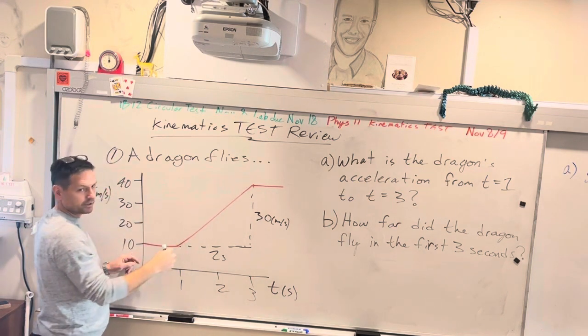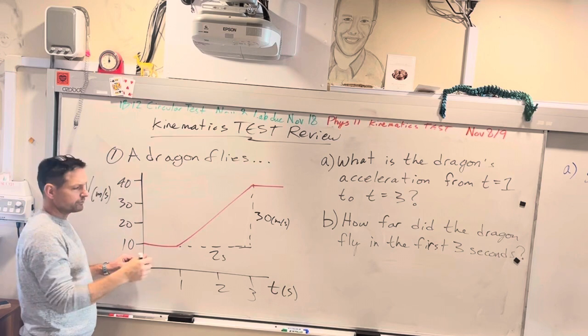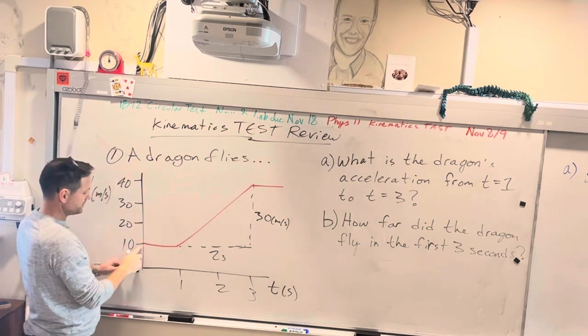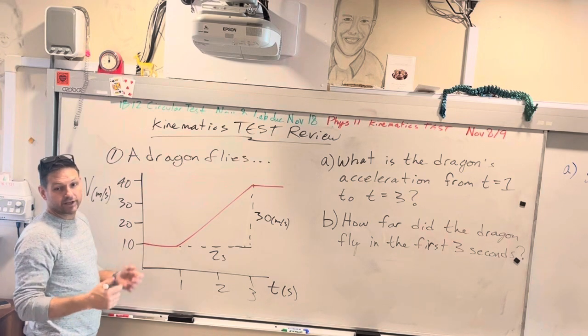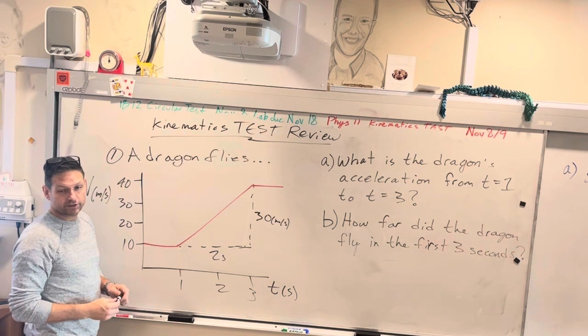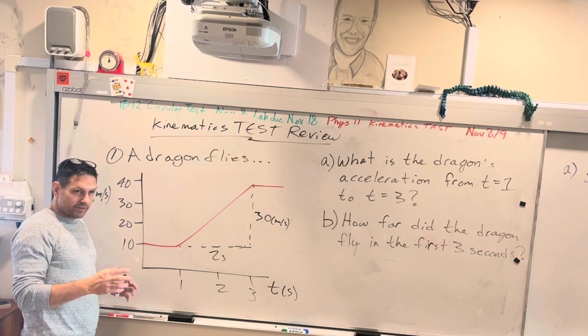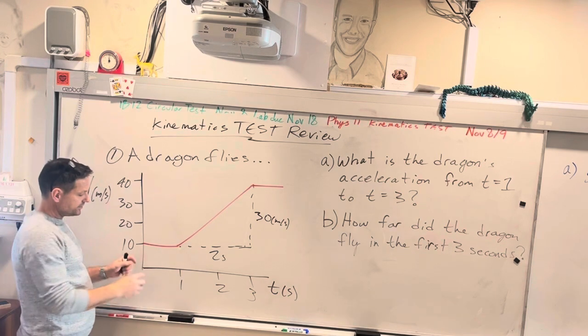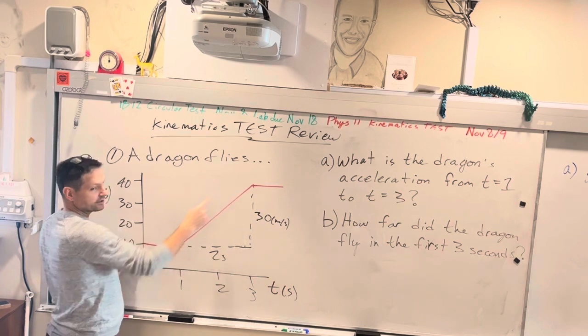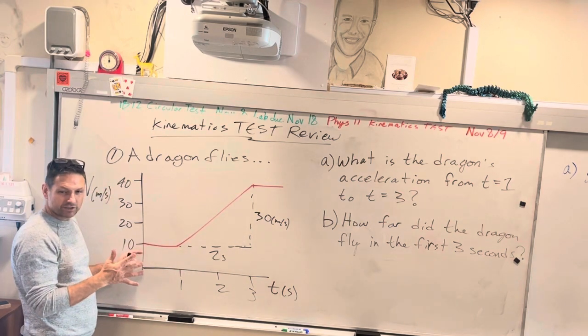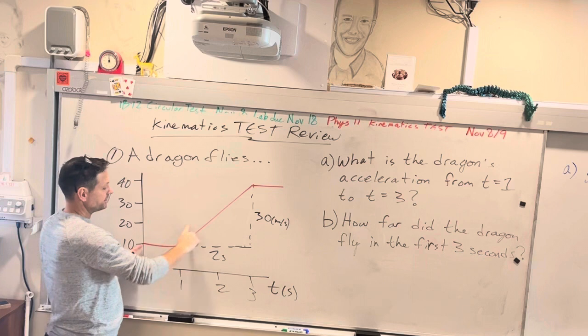So I could just use the second formula and plug in my VF is 40, my VI is 10 and my time is 3. But that's going to run into trouble because she's flying at a constant velocity for a second and then she accelerates. So the displacement's going to be a little different than if she just accelerated the whole time.